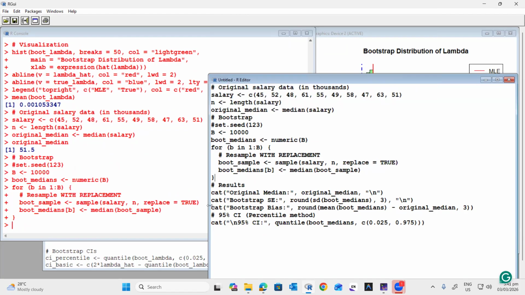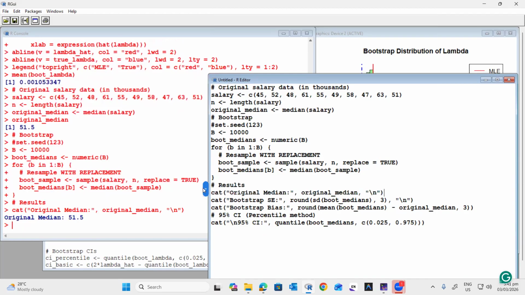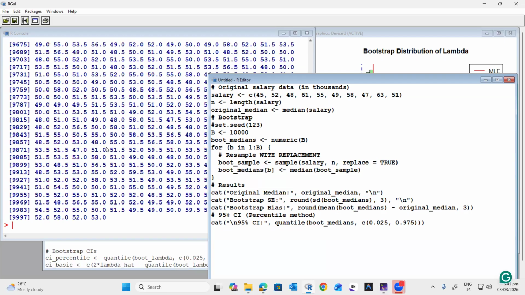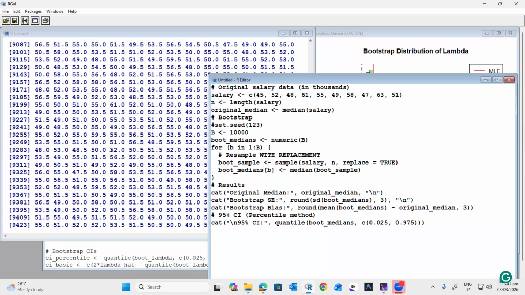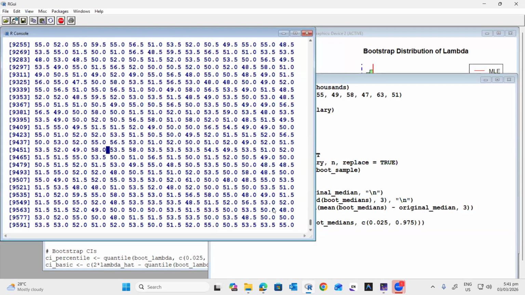Okay, now we are going to call the results. So the original median was 51.5, and the boot medians I just call. These are my boot medians for my samples, 10,000 boot medians.